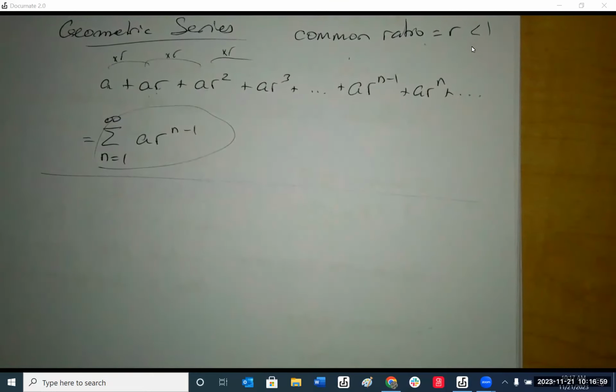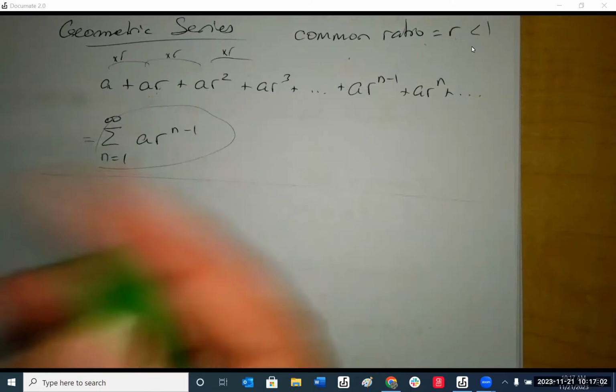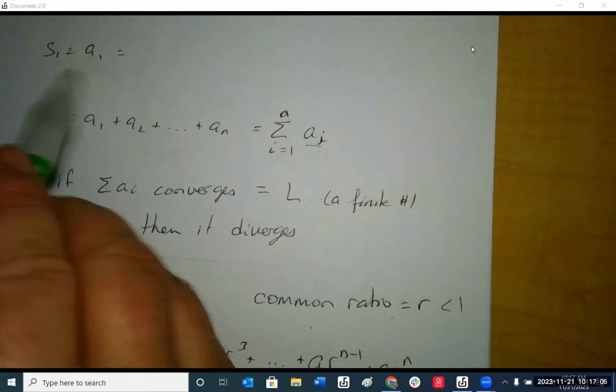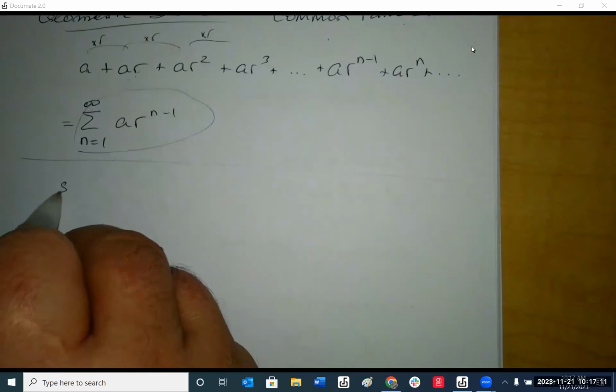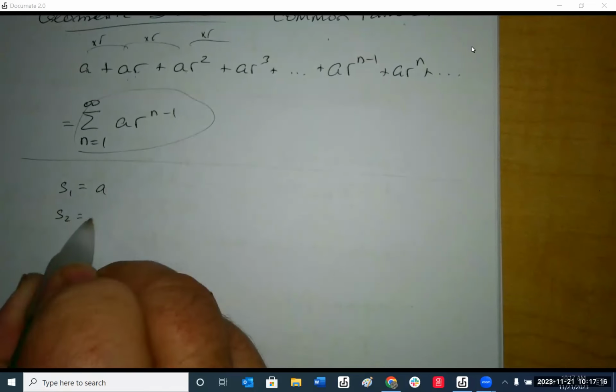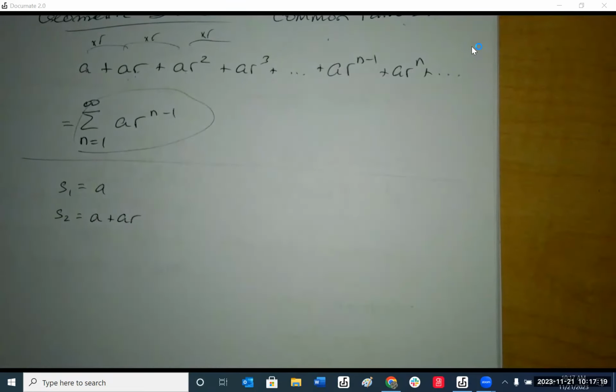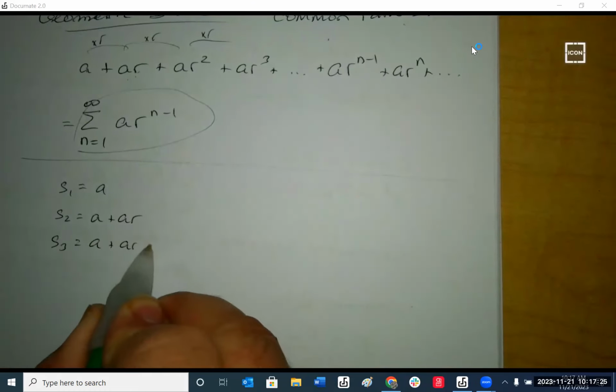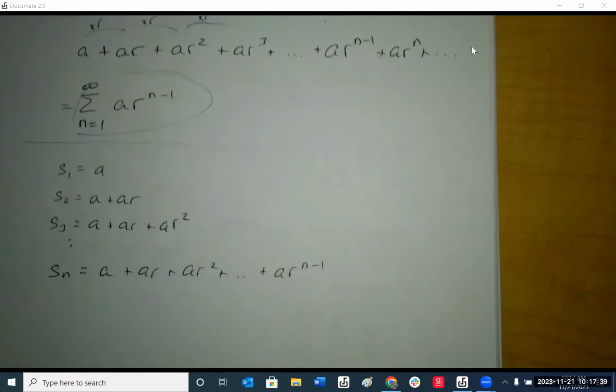So the nth partial sum. Remember the arithmetic sequence, we had the partial sums like this. So now with the geometric series, S1 would be A, S2 would be A plus AR, S3 is A plus AR plus AR squared, and so forth, all the way to AR to the n minus 1.